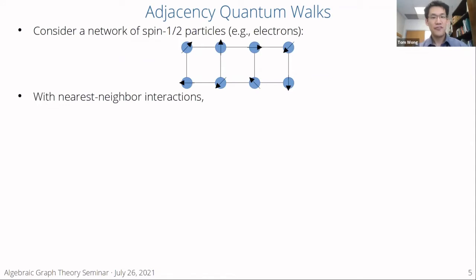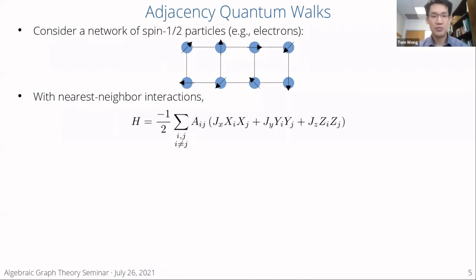And so if you want to look at the interactions between these spins, the Hamiltonian from some physics will look like this. The Hamiltonian is equal to minus 1/2 times the sum over all pairs of these spins times the adjacency matrix. So the idea is we're restricting ourselves only to nearest neighbor interactions. The adjacency matrix will ensure that.